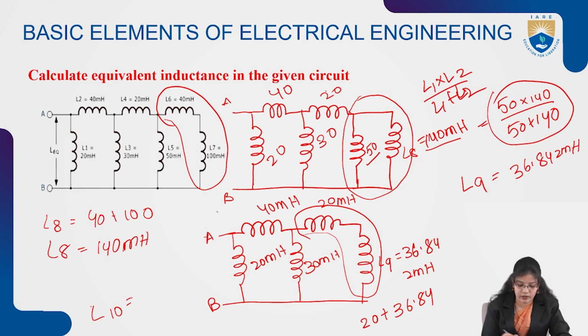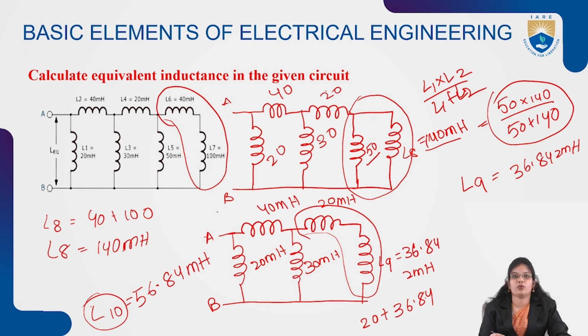The inductance value will be denoted with L10. So 20 plus 36.84 will be around 56.84 millihenry. So again we have to redraw this circuit after reducing these two series inductances.